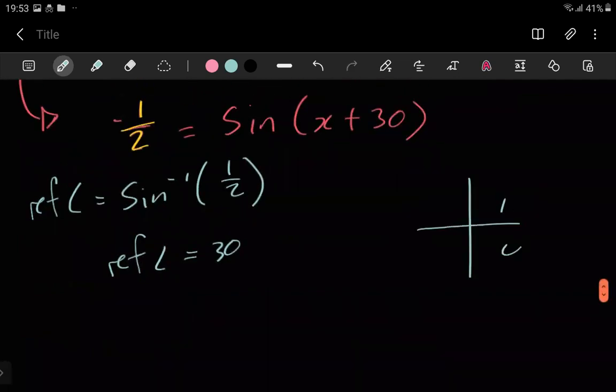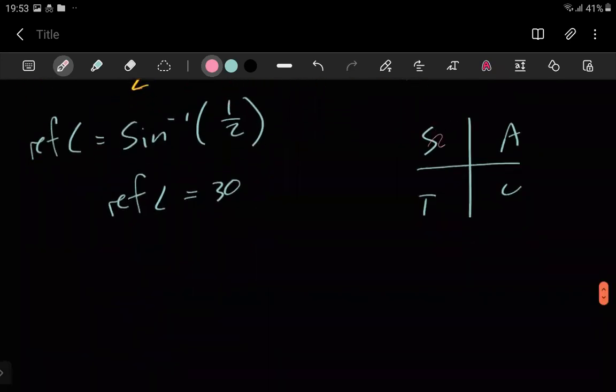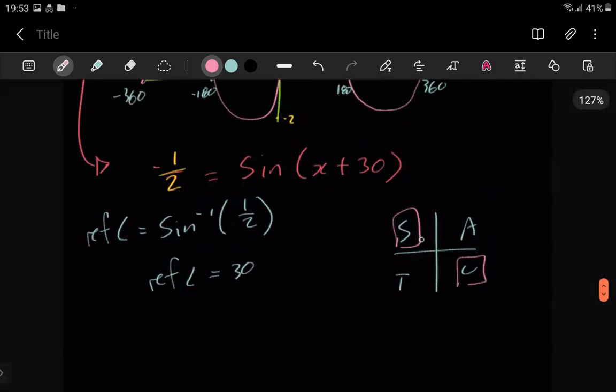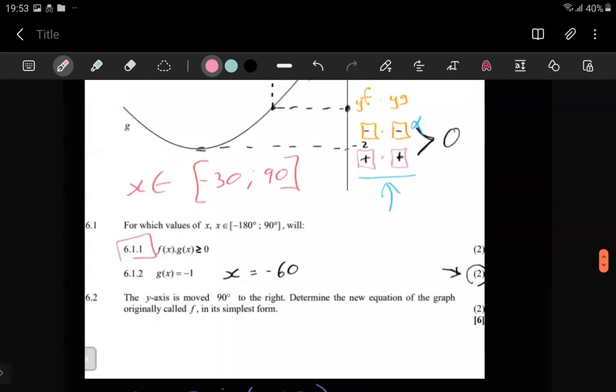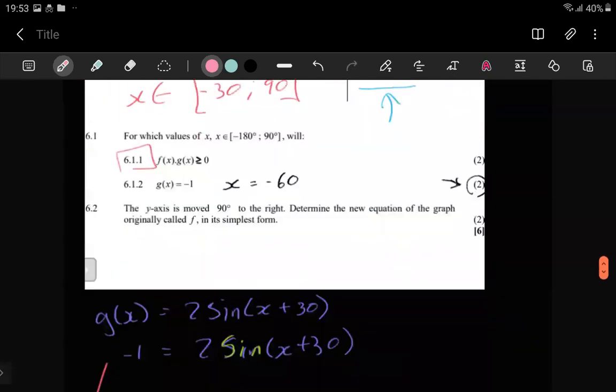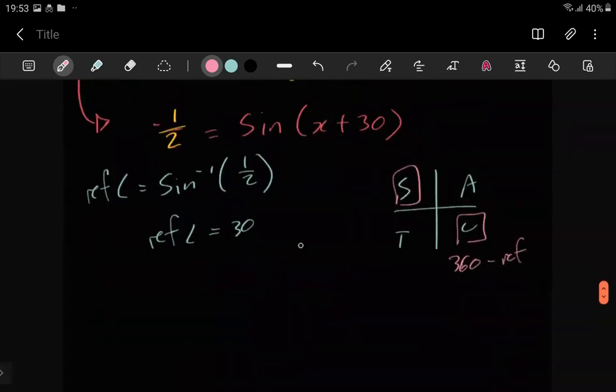And we know that since we were working with a negative, we should work in the second and the fourth quadrant. We might only need to work with the second quadrant though, because the other is going to be like 360 minus the reference angle, which is going too far, since we're working with this side here where there are negative numbers. So here, this is the quadrant 180 minus the reference angle.